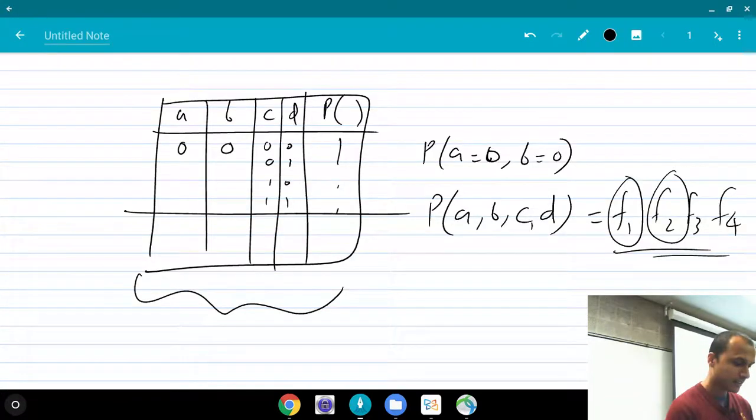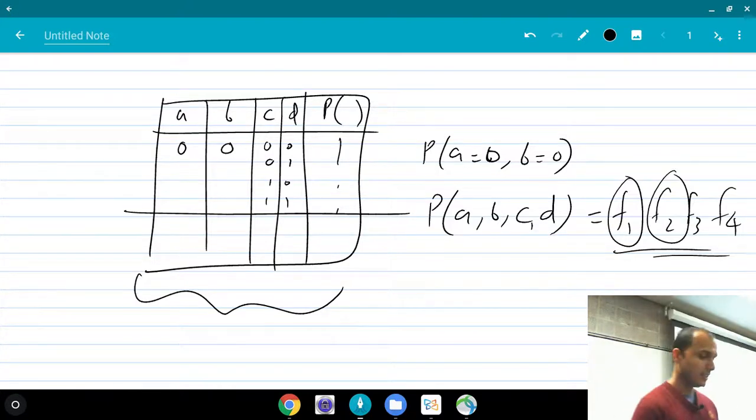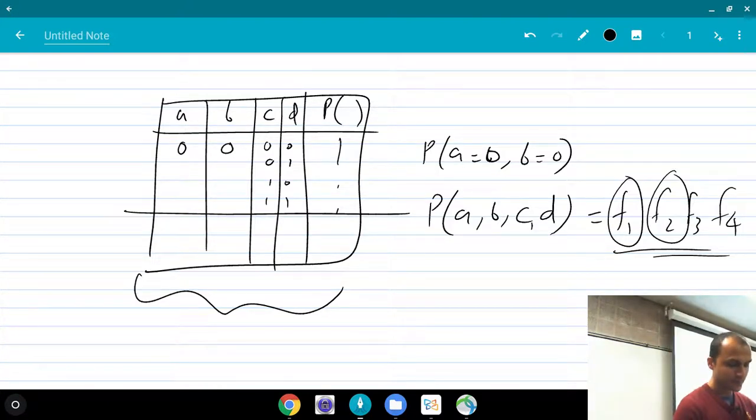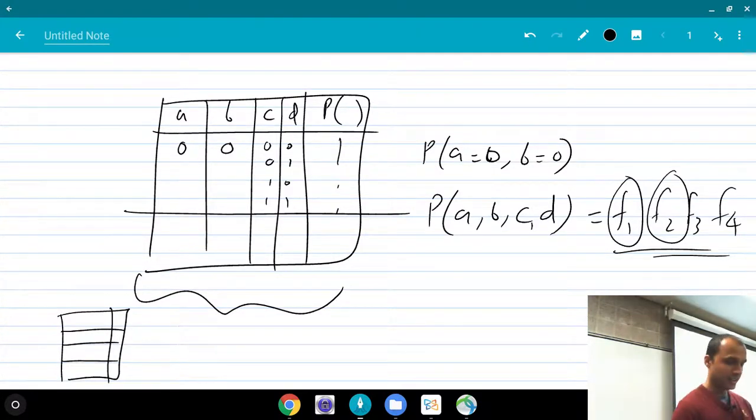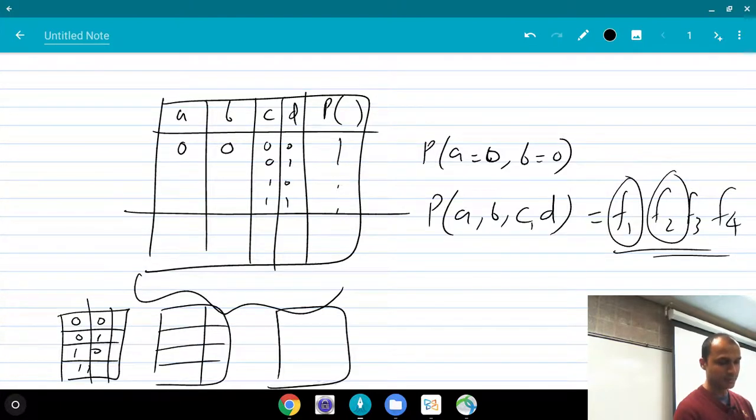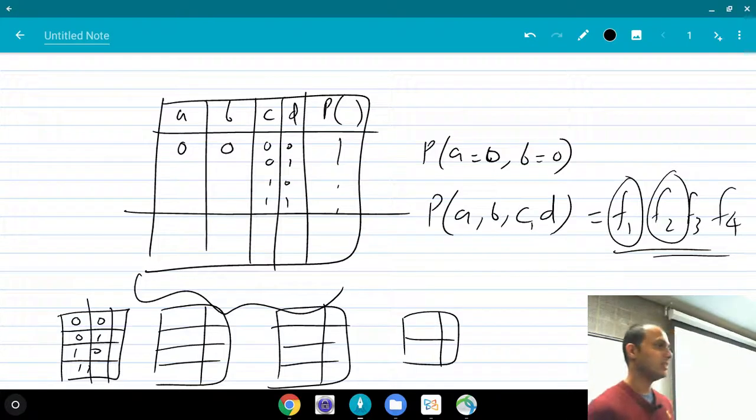Which means that, let's say I said A, B, C, and D are binary, then f1 will have 4 rows, which is the values of A and B: 0, 0, 0, 1, 1, 0, 1, 1. And similarly f2 will be similar, f3 will be similar, and f4 will be 2 values.